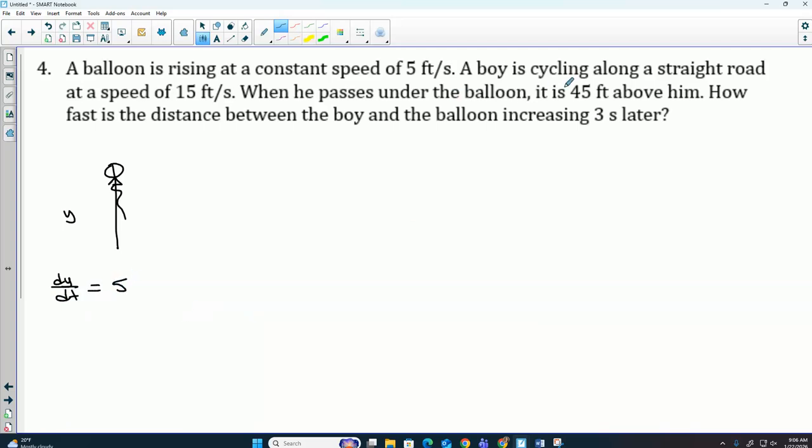A boy is cycling along a straight road at a speed of 15 feet per second. So he is down here on the ground riding his bike. So I'm going to call that x. His speed, so dx dt, is 15. When he passes under the balloon, it is 45 feet above him. So at the instant when he goes underneath it, my height is 45.